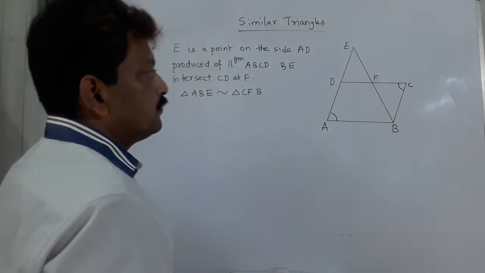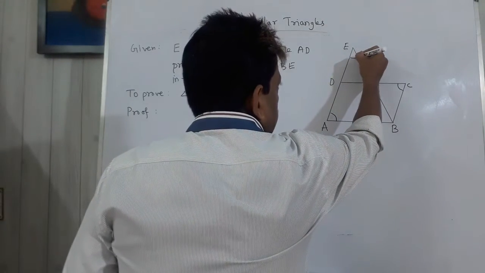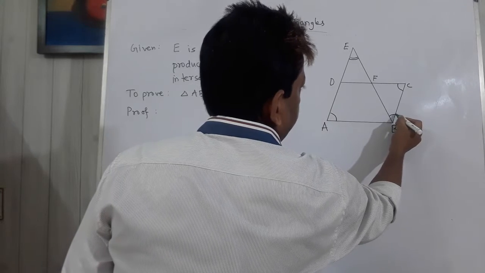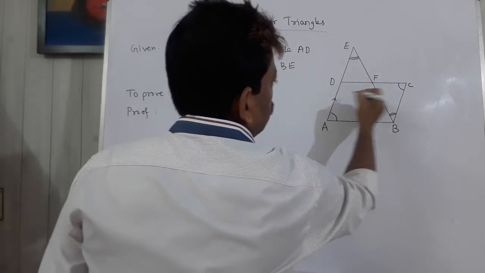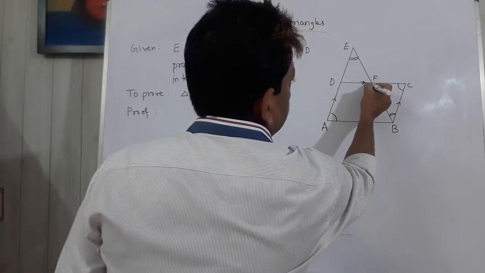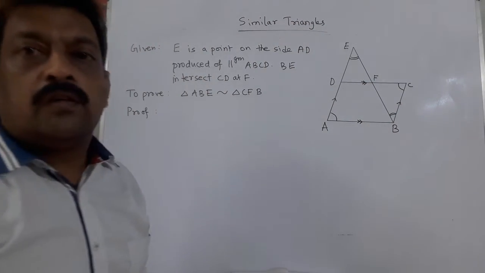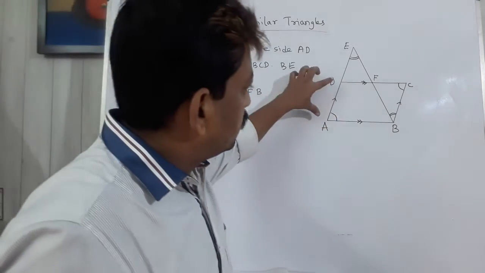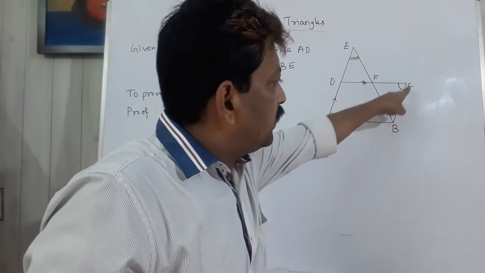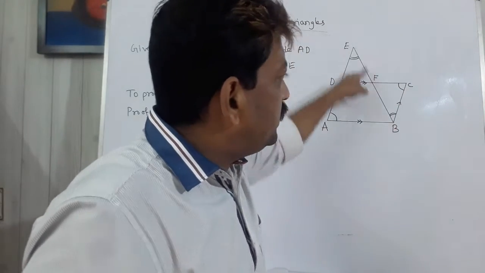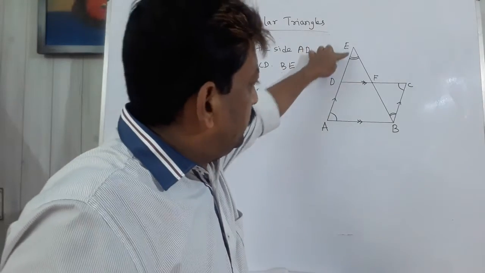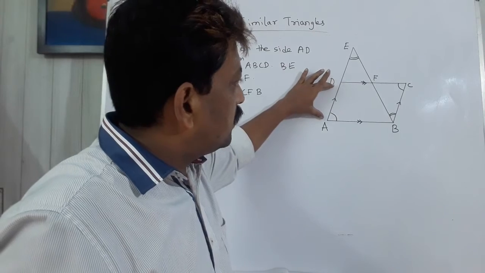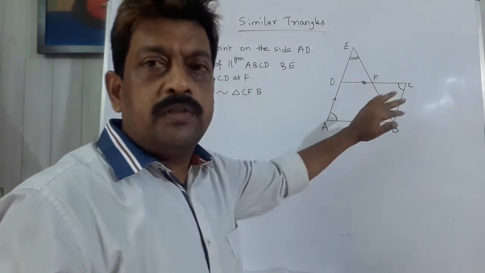The second point, angle E is equal to angle CFB because, if two lines are parallel, then alternate angles are equal. Here the line AE is parallel to line CB and BE is the transversal. AD is parallel to BC because they are opposite sides of the parallelogram.